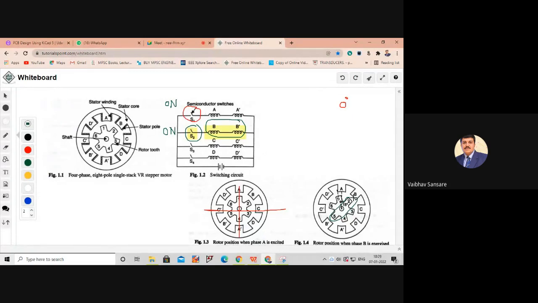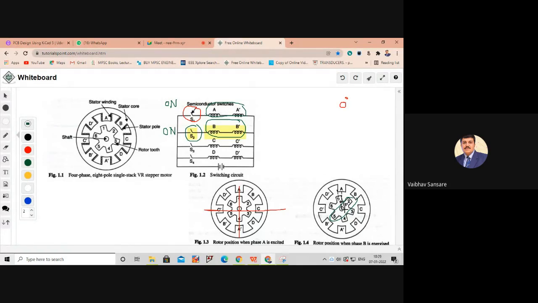At the same time, S1 is also on, so coils A and A dash are also energized, and this energized condition creates a force of attraction on poles 1 and 4 that will attract them in the clockwise direction.